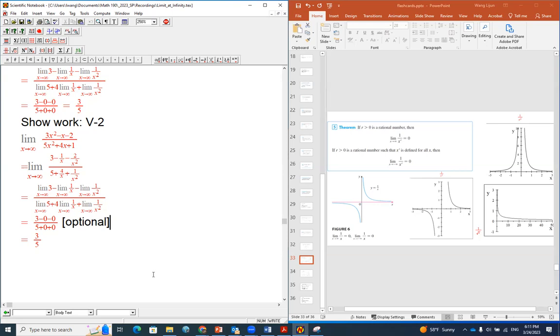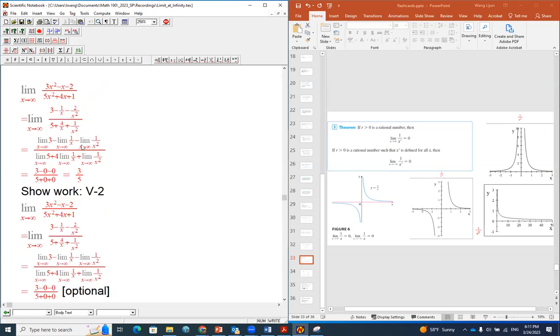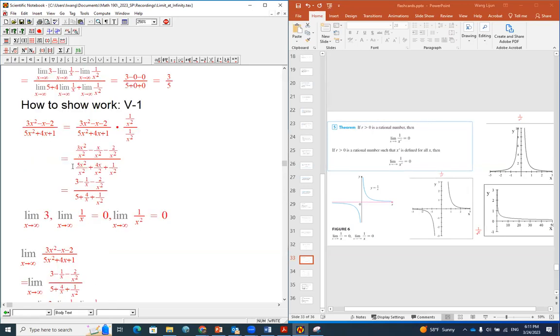The important part is if you start with limit, you keep that limit sign with you. If you start with algebra without the limit, and then you keep working, and then you attach the limit. You don't start with a limit and then drop the limit, and then have the limit coming back and still use those equal signs.